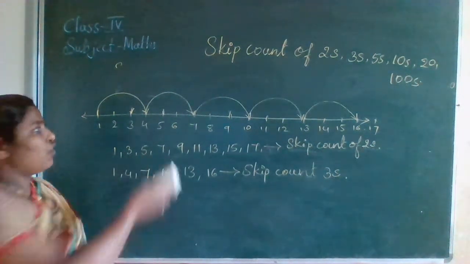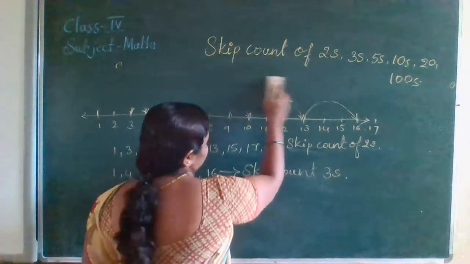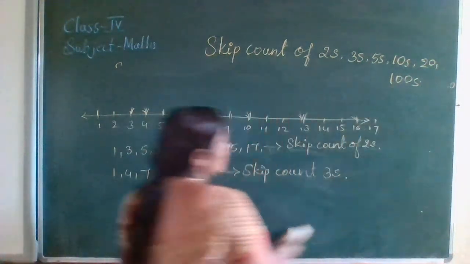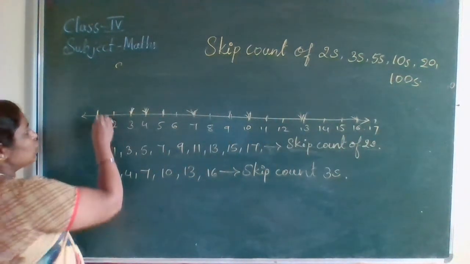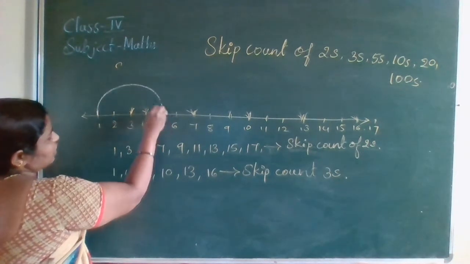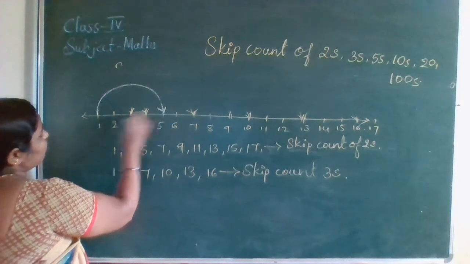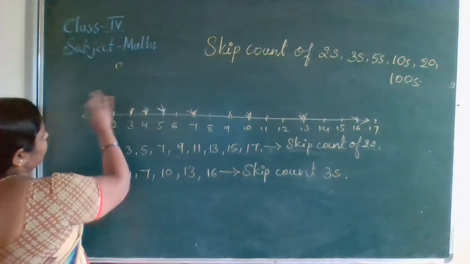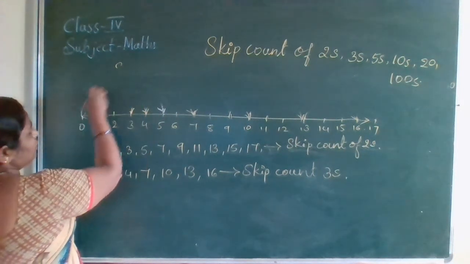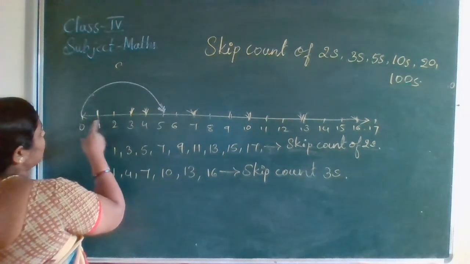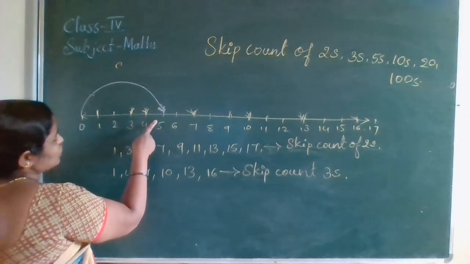Next we will go for skip count 5s. Skip count 5s means you should jump 5 jumps. I'll write 0 here. 1, 2, 3, 4, 5 jumps.